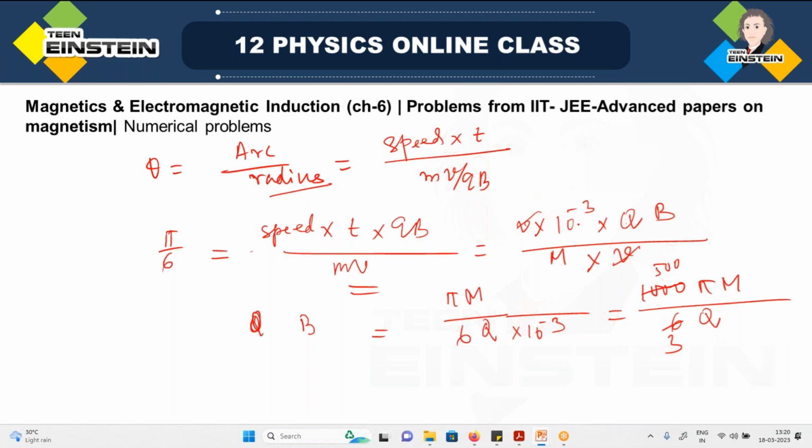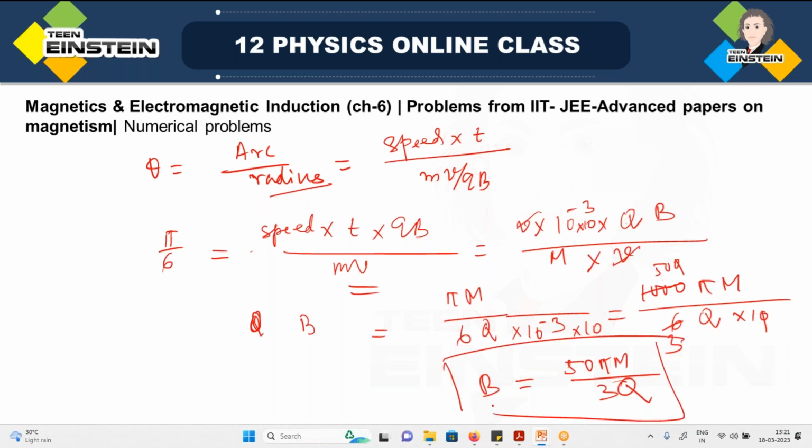Okay, this was 10 millisecond, not only millisecond, 10 millisecond. So 10 is here. So this is 50 pi m by 3q. So this is the strength of the magnetic field.